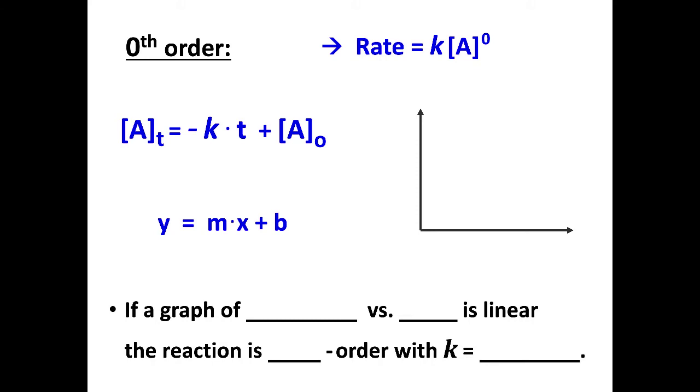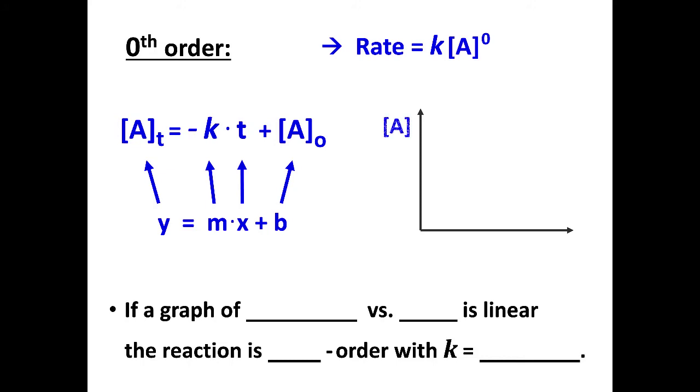This is like a y equals mx plus b relationship, a straight line, where our y is the concentration of A at time t, our m is the rate constant k, but negative, our x is the time, and our y-intercept is the initial concentration, A naught.